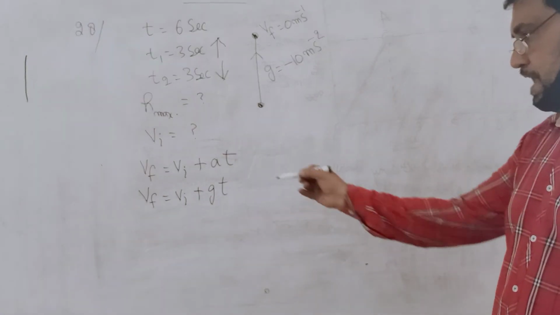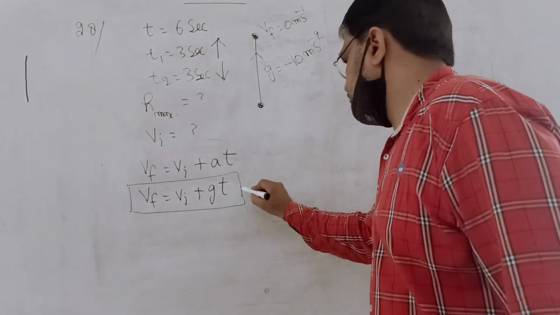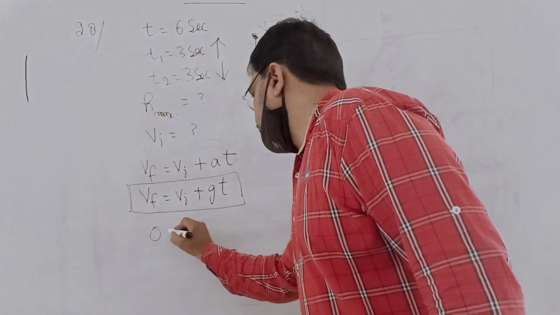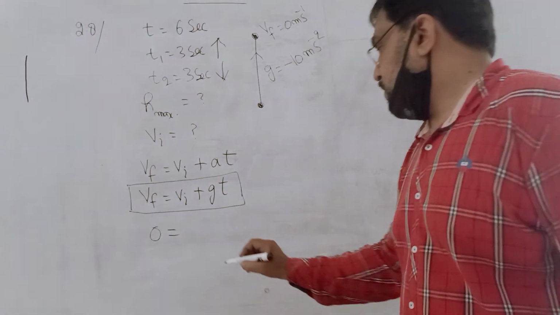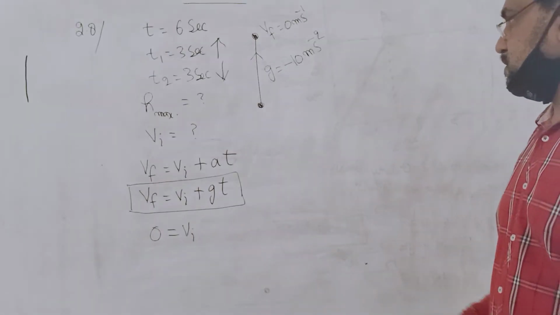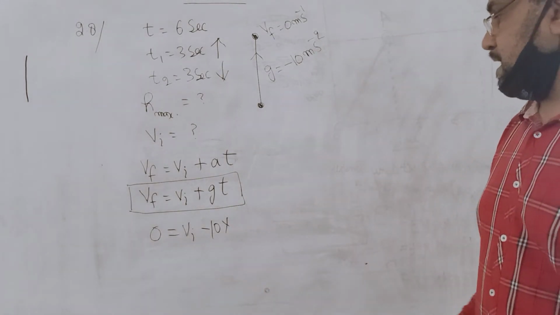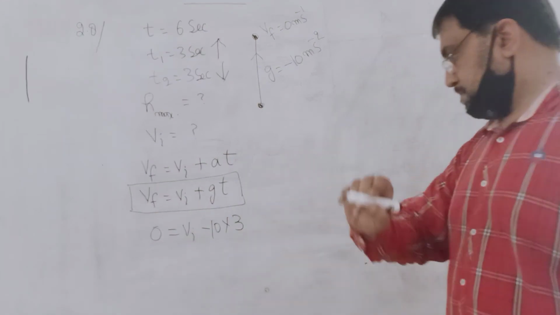Putting values in the formula, Vf is 0, Vi will be found, g is minus 10 and time is 3.